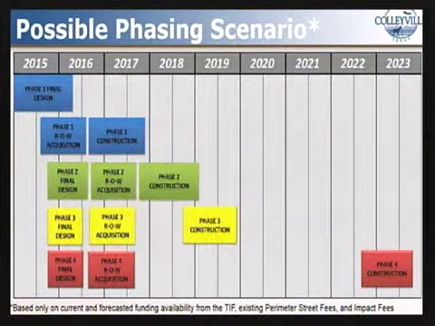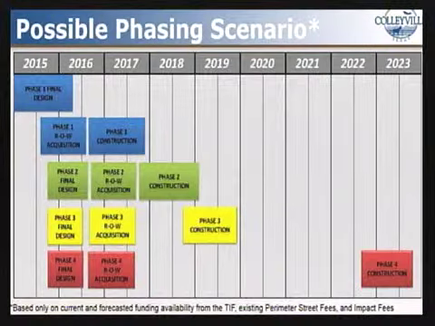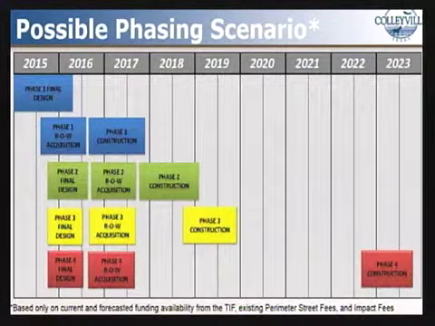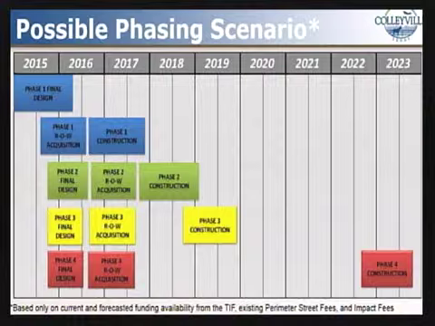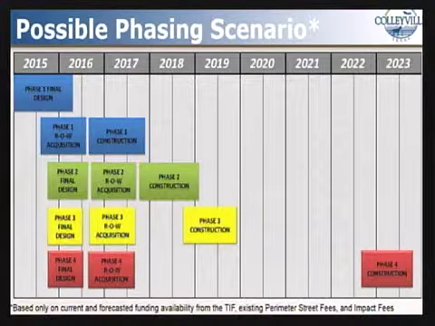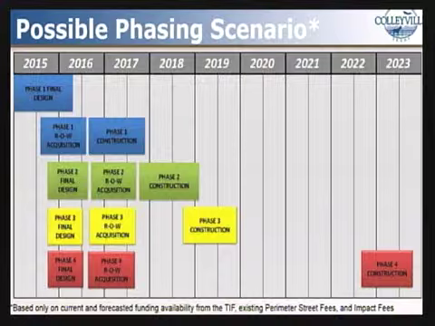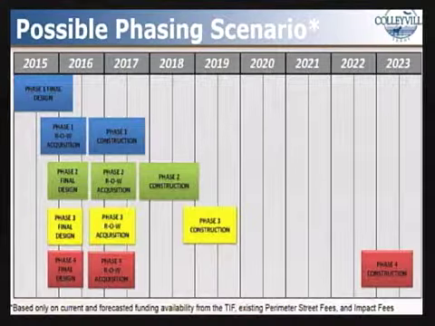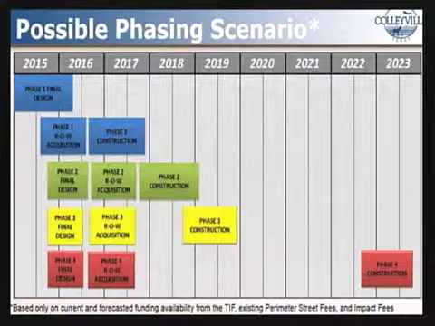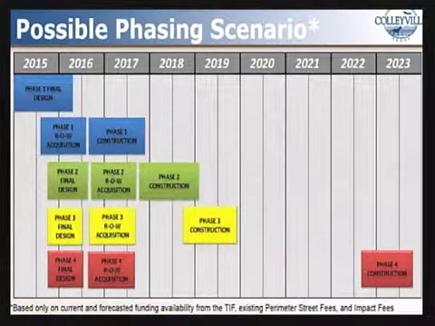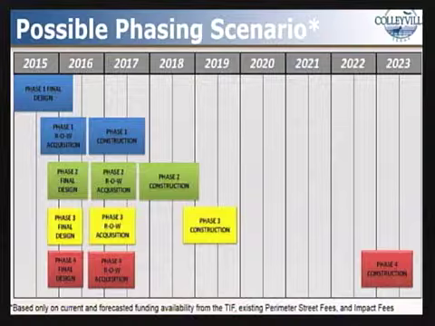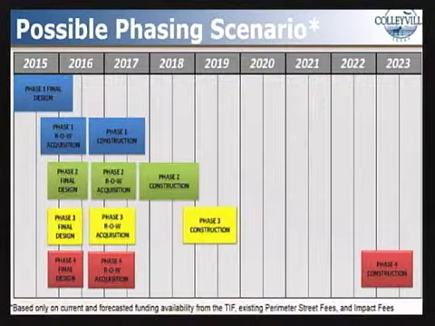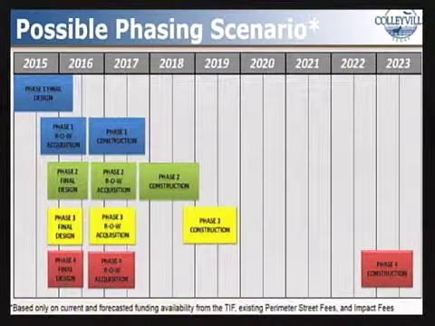Based on the available and forecasted funding amounts, this phasing scenario allows for the remaining sections of the corridor to be completely designed and the right-of-way acquisitions to begin upon the design being final. This will allow for the construction of Phase 2 in late 2017, Phase 3 to begin in late 2018, and the construction of Phase 4 would not be able to be completely funded until late 2022.